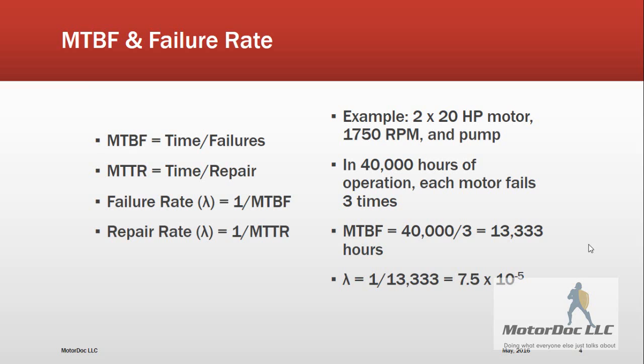For instance, if we have 20 horsepower pump motors operating at 1750 RPM and in 40,000 hours of operation, each motor fails 3 times, then the MTBF would be 40,000 hours divided by 3, or 13,333 hours. The failure rate, or lambda, would be 1 over 13,333, or 7.5 times 10 to the negative 5th power.